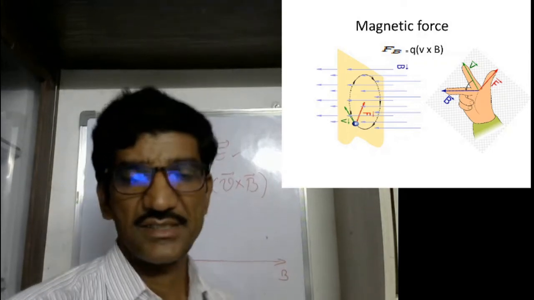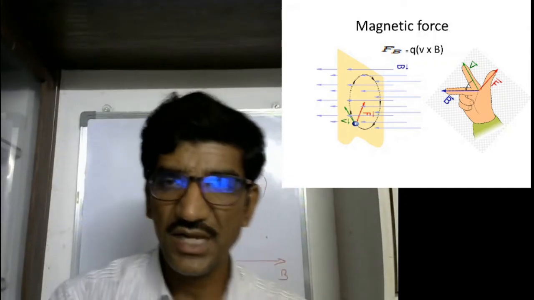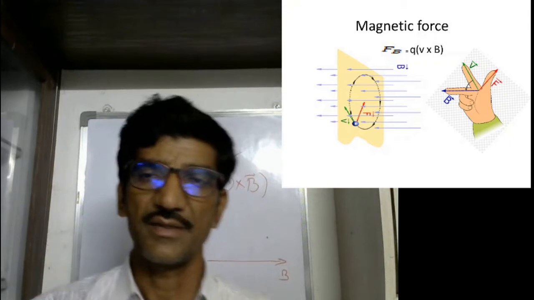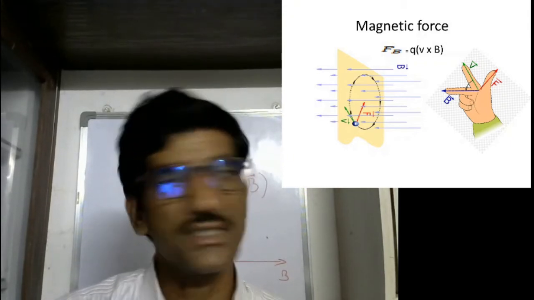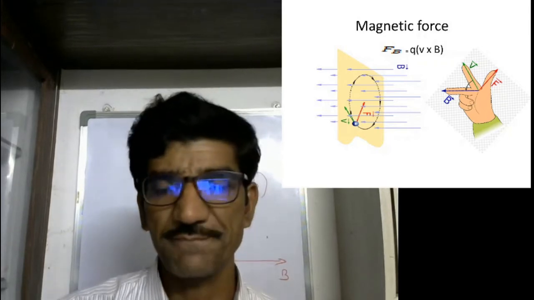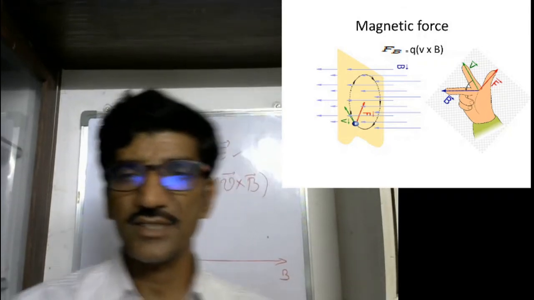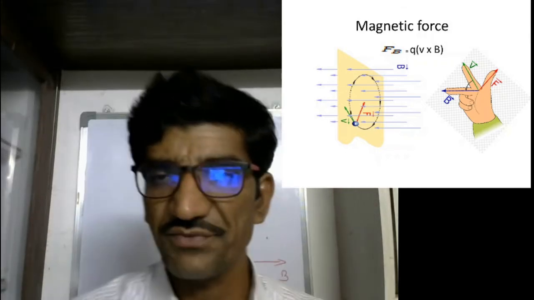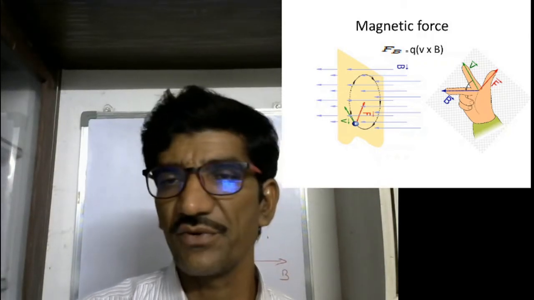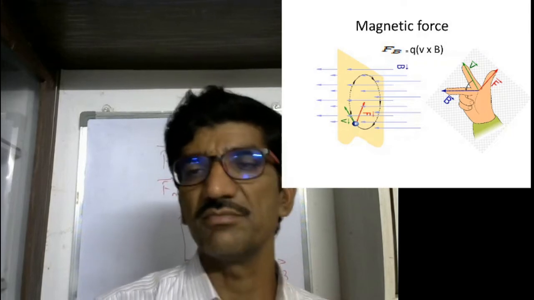Here in this slide you can also see another method to find the direction of the magnetic force. Here you are only using three fingers: forefinger, middle finger and thumb.